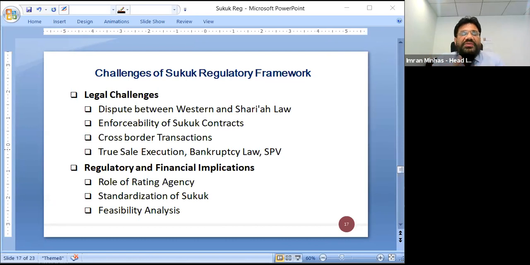The SPV is established based on the trust law, in which the Sukuk originator and the transferor transfer the asset to the Sukuk holders as beneficiaries. And the SPV acts as a trustee with good faith. Therefore, trust law plays an important role in governing the SPV establishment.